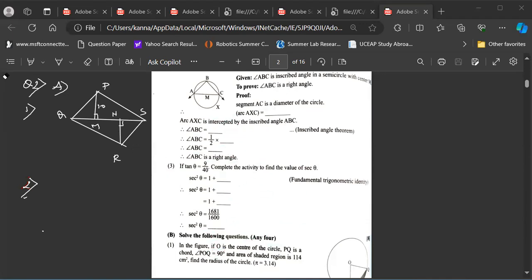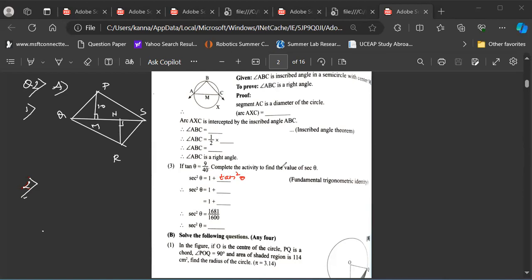Very simple, children. We have to start with this figure here. Tan theta is given as 9 upon 40. Complete the following activity and find the value of sec theta. So sec square theta equals 1 plus tan square theta. Usually we write 1 plus tan square theta equals sec square theta.